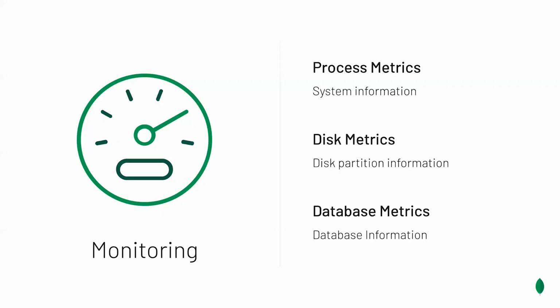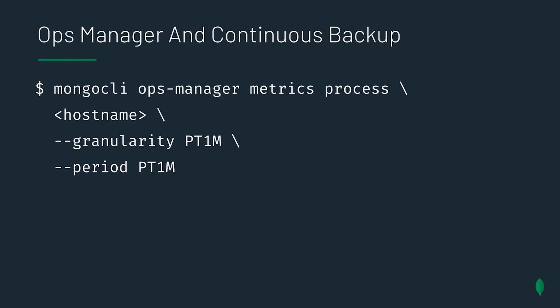It's also not only about getting the cluster, you can also get monitoring for your different processes. So you have these metrics, database metrics, all this different information, and you can get it through the CLI. Again, a quick example here: you run mongocli Ops Manager metrics process. You specify the host name that you want the information from, and you have a couple of flags on how granular you want that information.